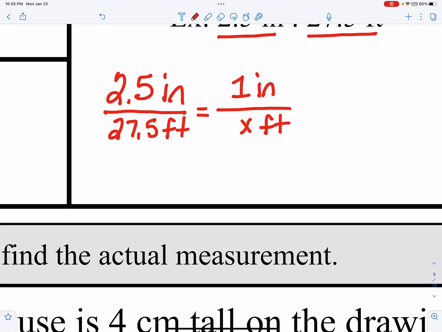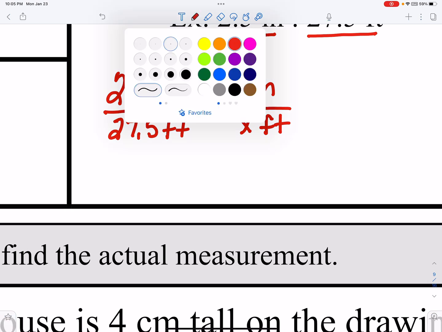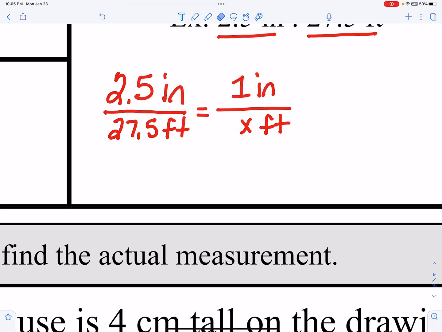So of course we could cross multiply or use means and extremes to solve this. Or we can just look and see, can you make one? And these are typically nice and easy because we know that if we take a number and we divide by itself, any number divided by itself equals 1. And so I already know that I can just divide by 2.5 over 2.5 and create an equivalent fraction rather than doing means and extremes.